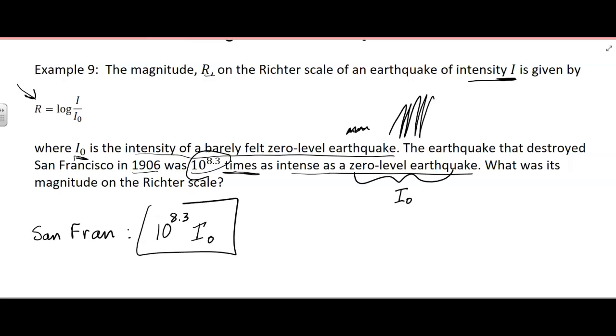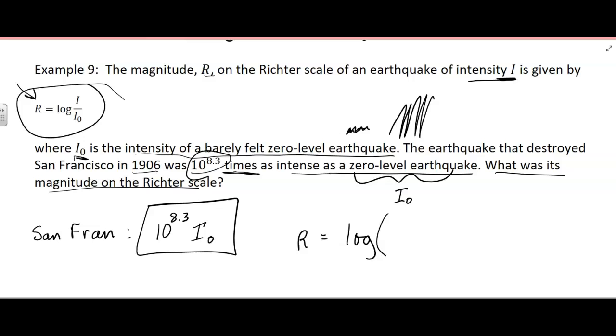That's how strong the earthquake was in 1906 in San Francisco. So what was its magnitude on the Richter scale? Here we're going to use this formula: R equals common log, and if you want, you can put parentheses, of I over I naught.